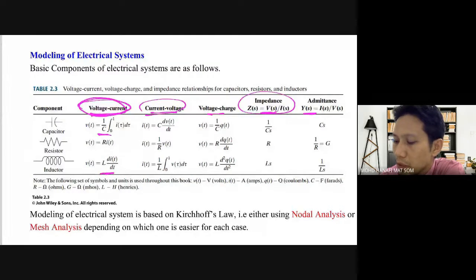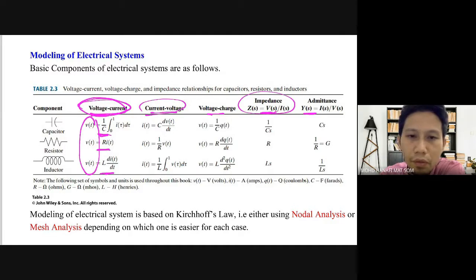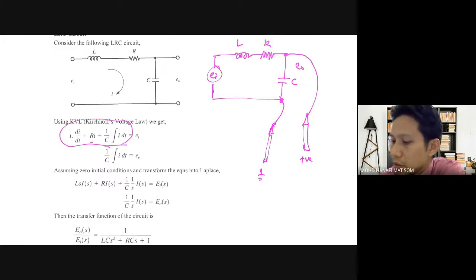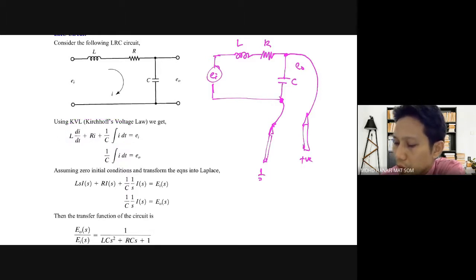So basically, what we found just now are voltages: here is VL, here is VR, here is VC. Okay, this is the first equation.